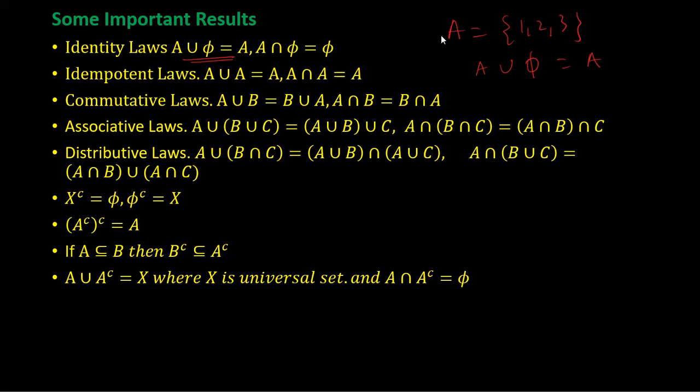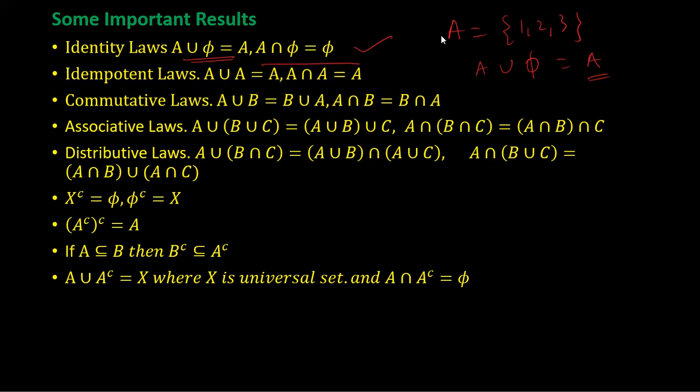If you take union with that, obviously you will get the set A, but intersection will be different. Phi has no elements, and if we take intersection with A, that will become phi.